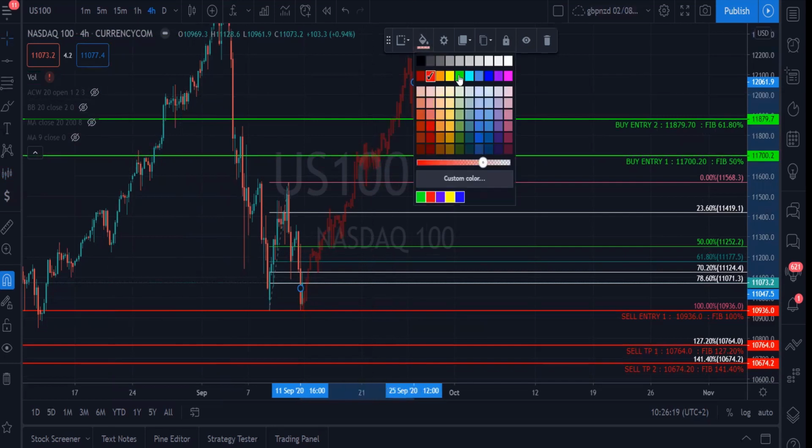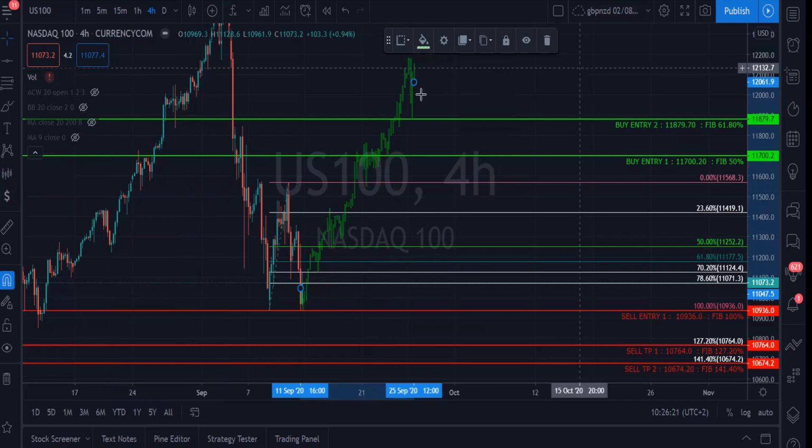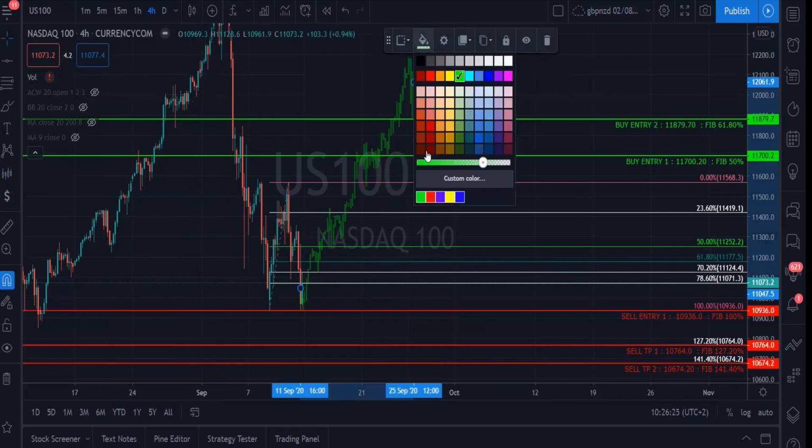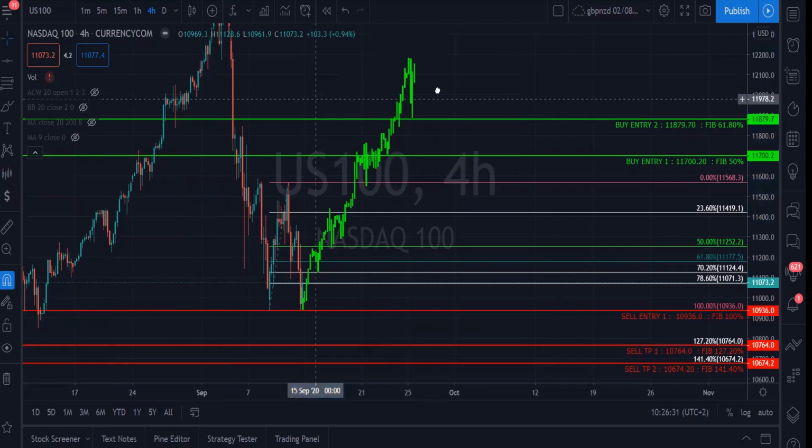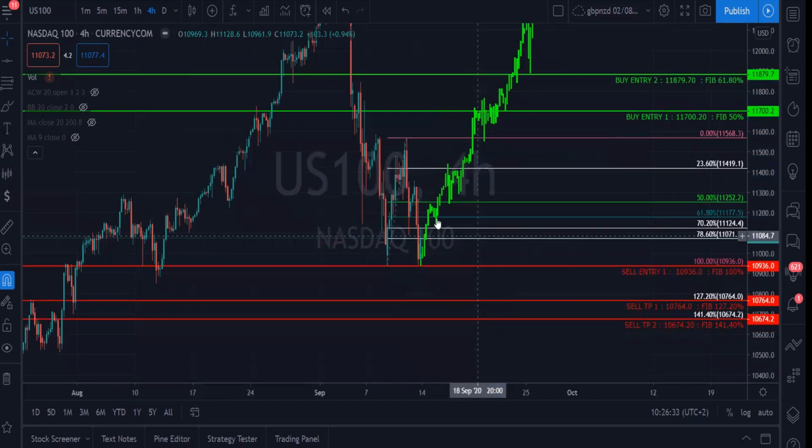Let's make it green for now. Let's see if we can make it nice and green. There we go. Price is around this region here. Let's just say somewhere around here. That's where price is, 11073.